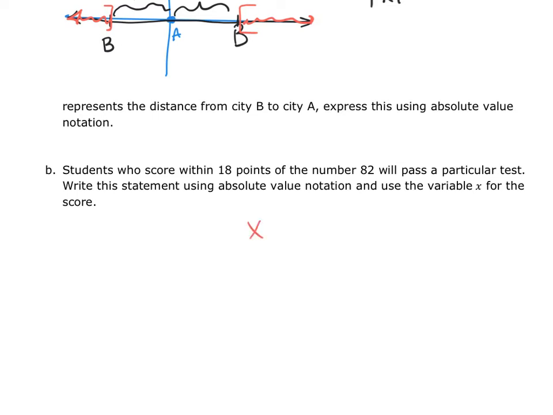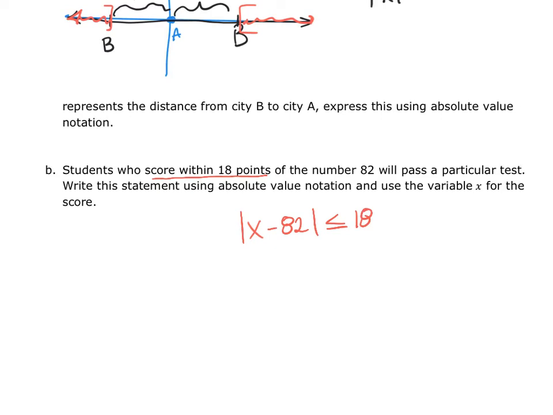Because it says score within 18 points, I want this range of scores of 18-point difference from 82. It's going to be the absolute value of x minus 82 is less than or equal to 18.